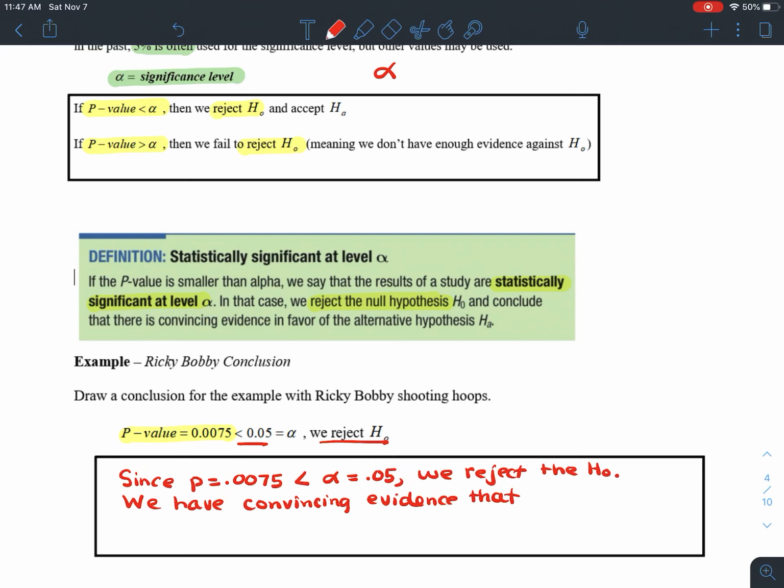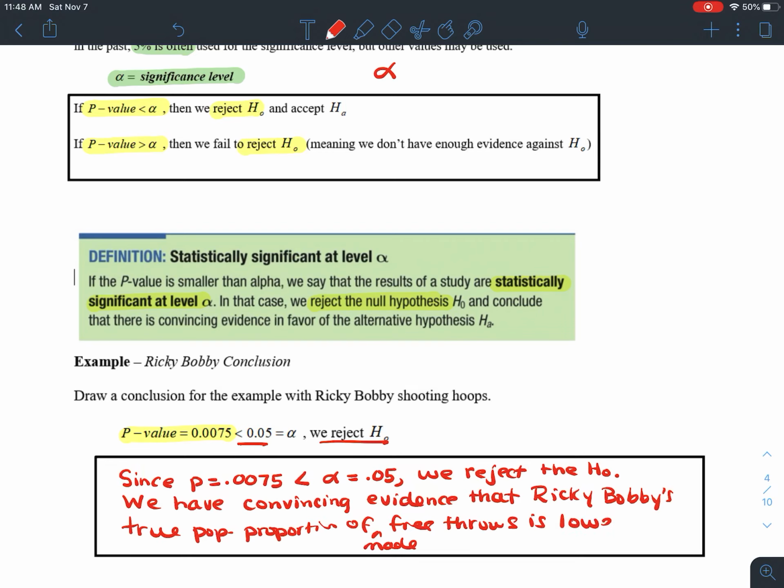If you think back a few pages earlier, what we drafted for the alternative hypothesis, we said Ricky Bobby's true population proportion of made free throws is lower than 80%. Okay, we had a less than there.